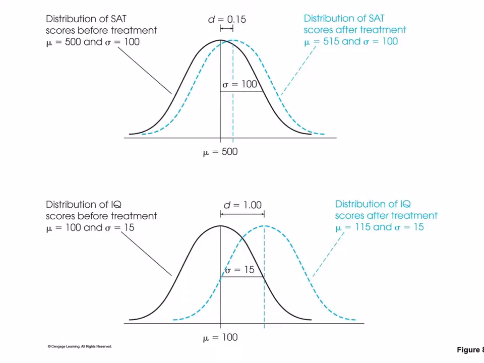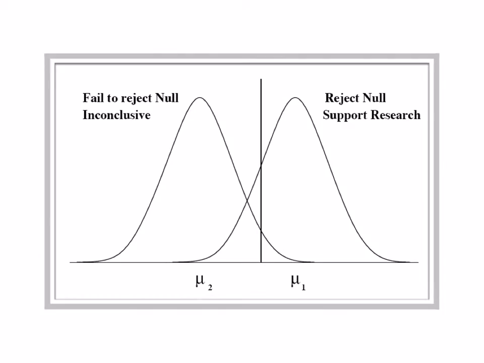So once again, let's review alpha, beta, power, and their relationship to effect size because they all work together. In the distribution on the left, we fail to reject the null and the results are inconclusive. In the distribution on the right side of the line, we reject the null and support the research. One of them is the comparison distribution and one of them is the research distribution.